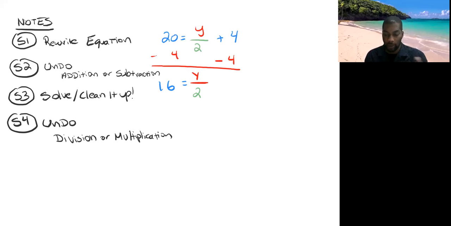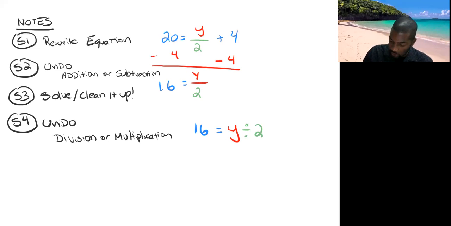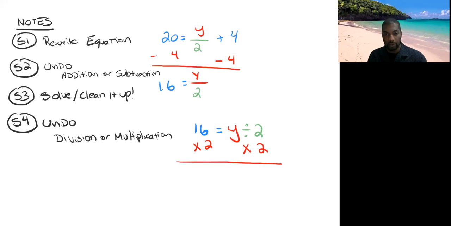Well, I need multiplication. So I'm going to rewrite the problem so I have more space. Y divided by 2 can be rewritten as y over 2. So in this way, what I can do is I can use multiplication like that. What I do to one side, I can do to the other. And that just represents what I'm doing.